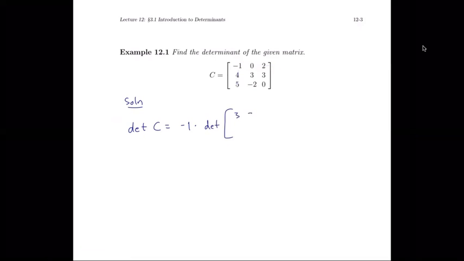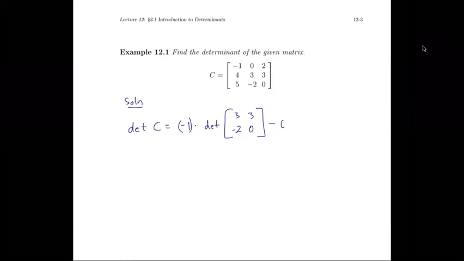And then there's a minus sign here for the second term, the position 1, 2. Really the way to think about it is alternate plus or minus signs. The reason there's a -1 here is just because that was the entry itself. But we force a minus sign into the formula here because, well, thanks to the formula that's dictated to us.